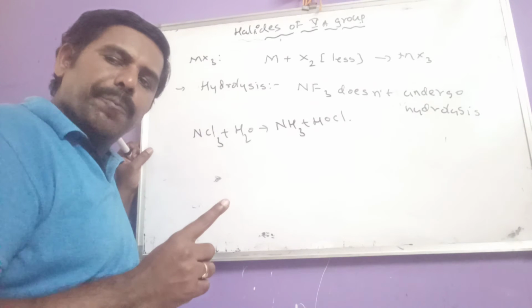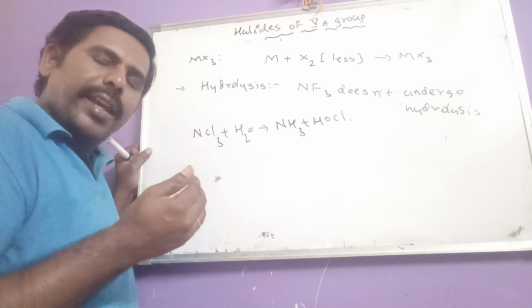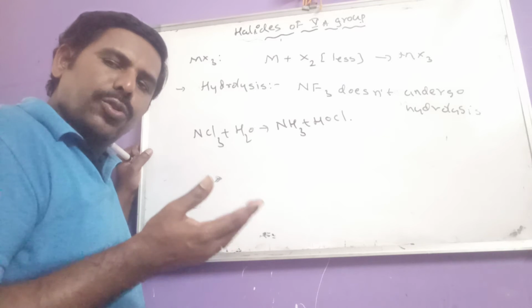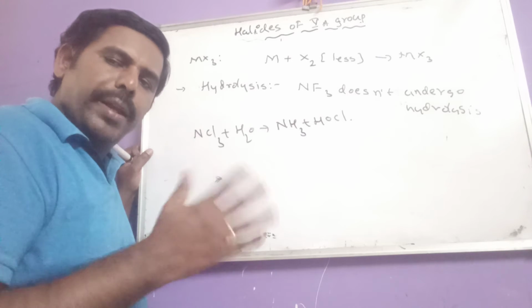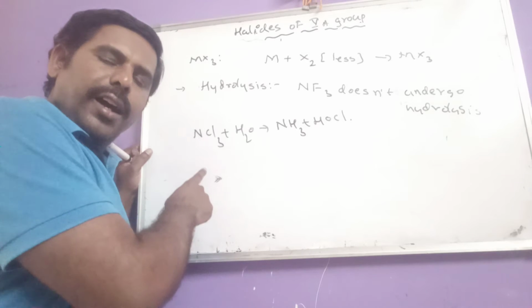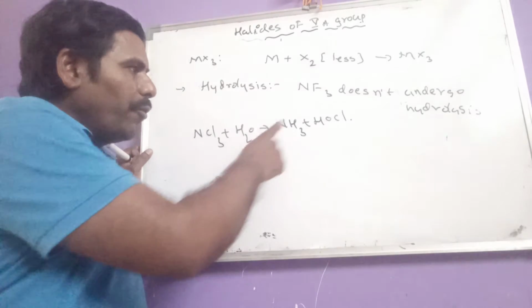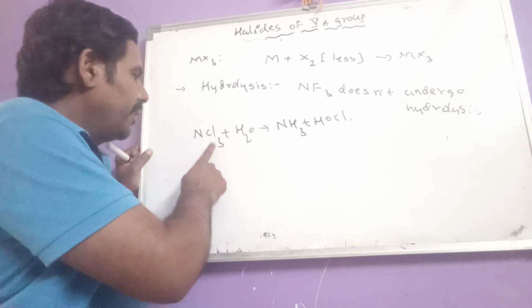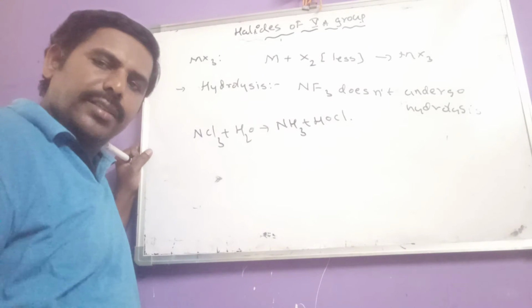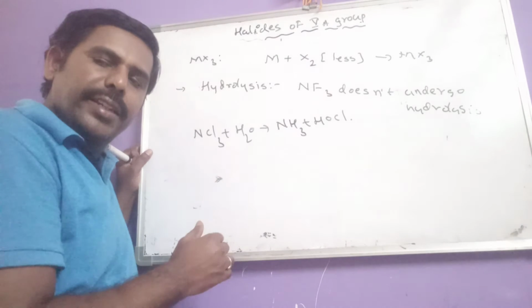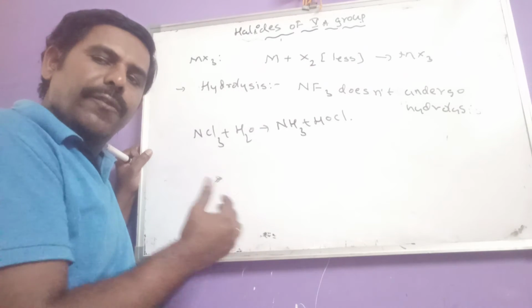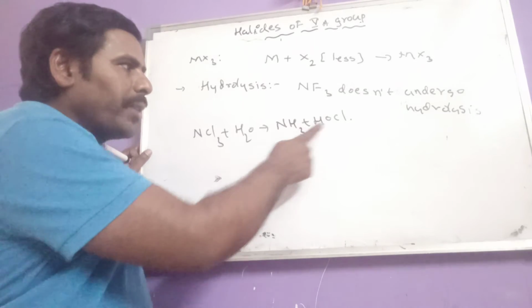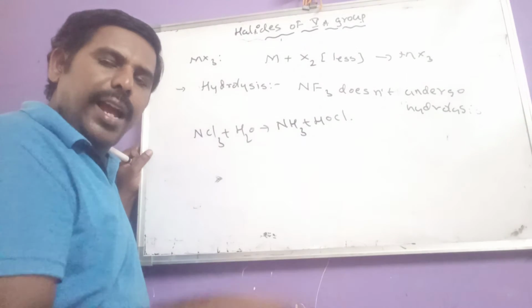Generally, any compound on hydrolysis may give one acid or two acids, one base or two bases, but the compound which gives one acid and one base on hydrolysis is NCl3. So this is the speciality of hydrolysis of NCl3. Here NH3 is a Lewis base, HOCl is normally an acid.